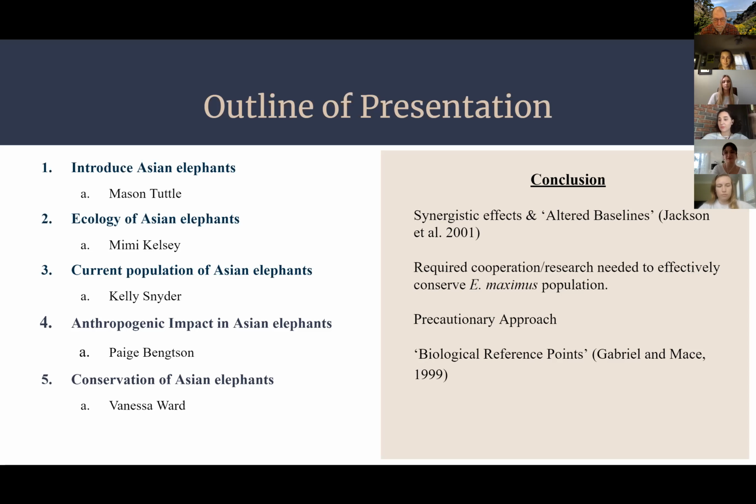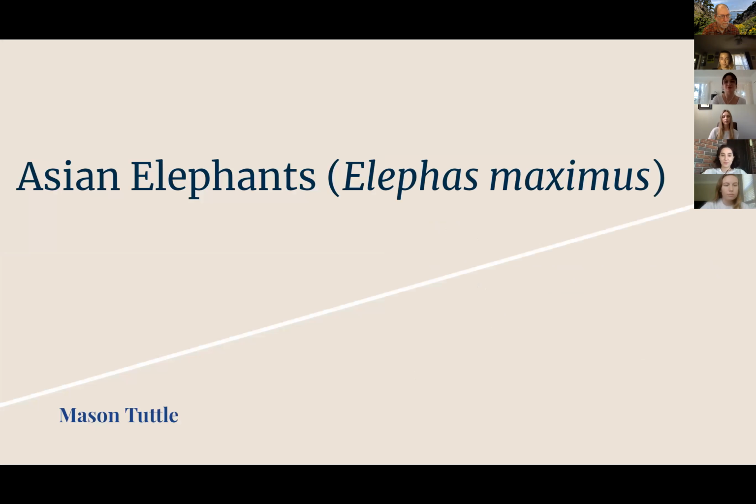I'm going to discuss the current population of Asian elephants. Paige is going to talk about the anthropogenic impact in Asian elephants. And lastly, Vanessa is going to discuss the conservation of the species. So without further ado, Mason, you can introduce the Asian elephant to us.